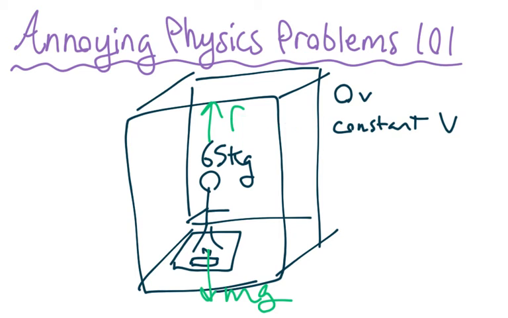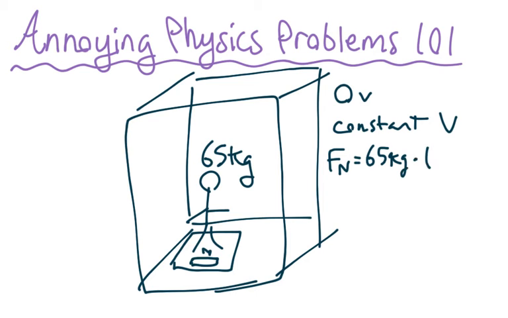So in this case, the scale, which shows the normal force, is going to show 65 kilograms times 10 meters per second squared. I'm going to continue to use 10 in these videos even though it's technically 9.8. So that's going to be 650 newtons. That's the default. So what happens if this thing is accelerating downward?